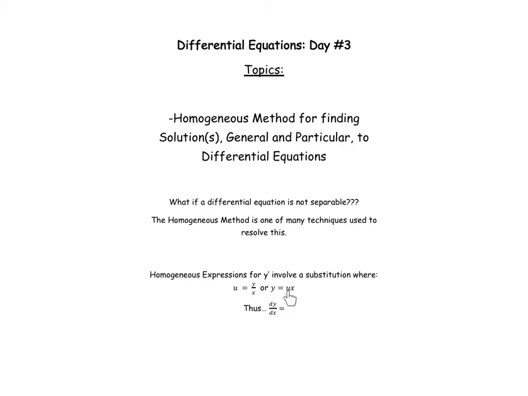Using the product rule, I would take the derivative of u with respect to x, which I'll call du dx, multiplied by x, plus the derivative of x times u. So dy dx is equal to du dx times x plus u. I'm going to highlight these two items as very, very influential in this process.